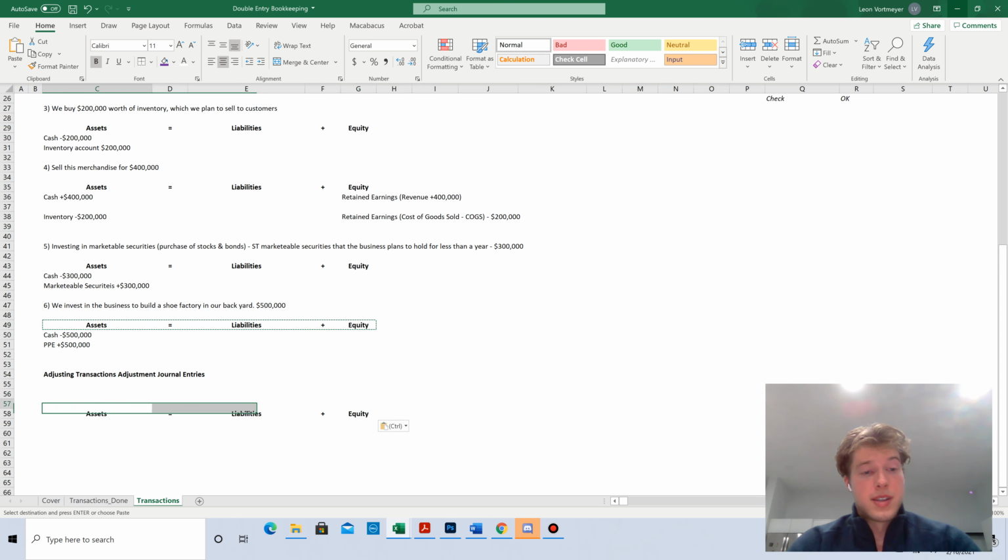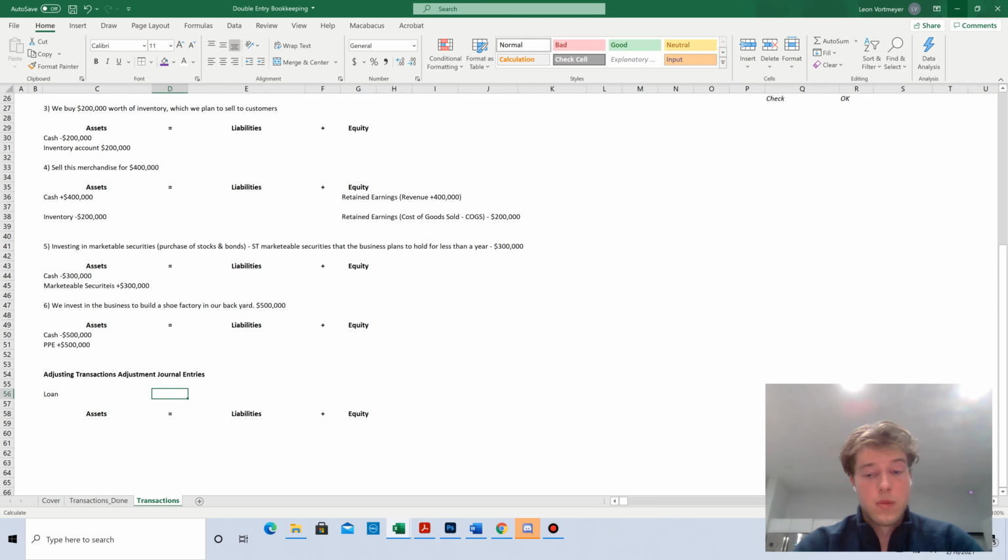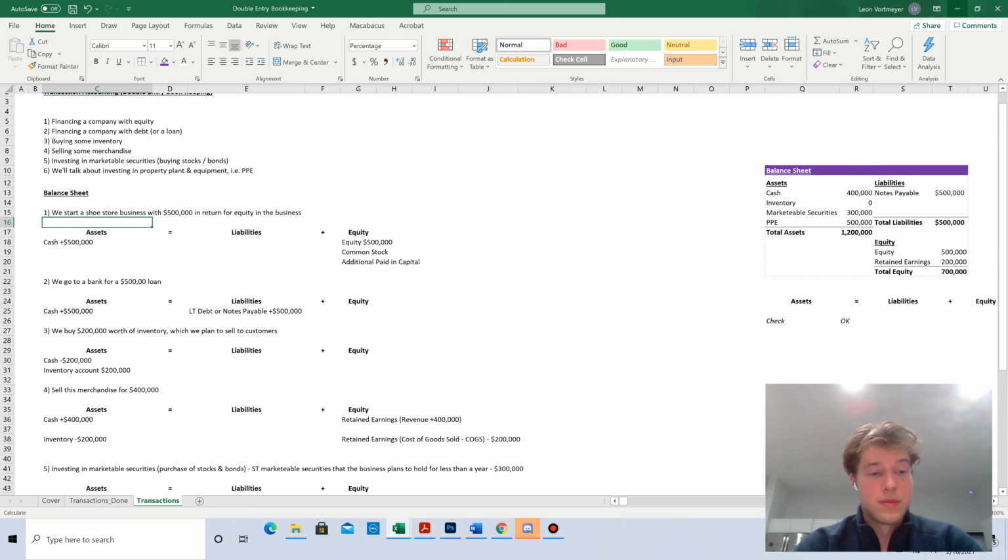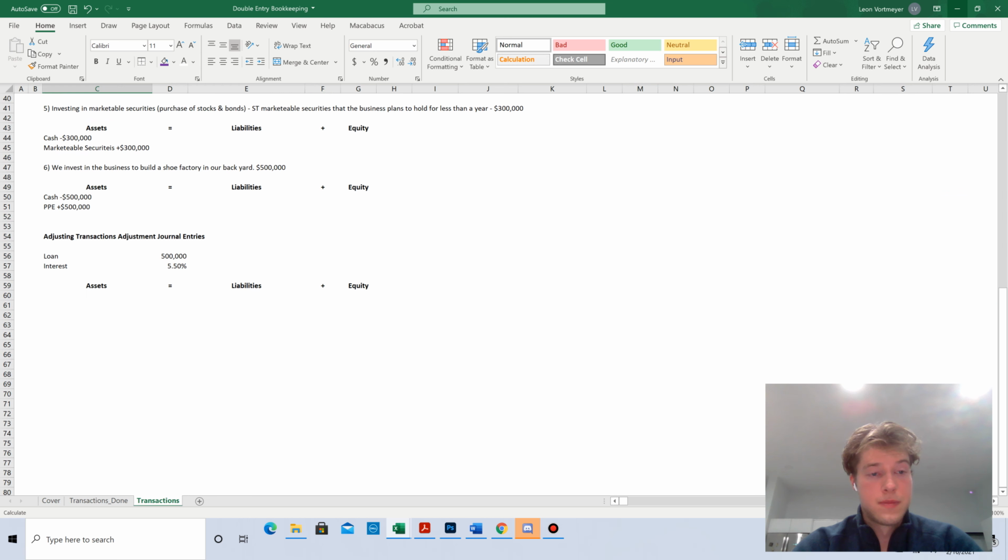Before we jump into the transaction itself, note that the loan we raised was $500,000, and say that the interest we pay on it, we got a 5.5% interest rate. That means an annual. We'll put a little note here.